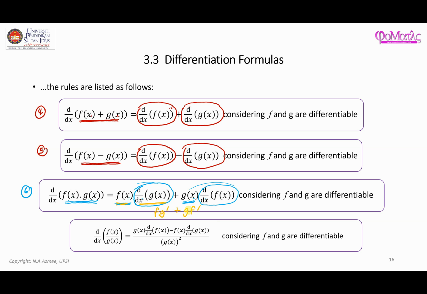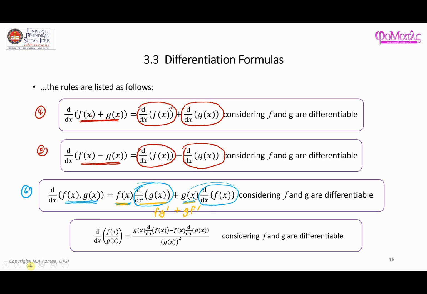And similarly for this one, g here means you maintain the function g of x as it is, and f prime means you have to find the derivative for function f of x. And once you've got that, you just add the results together. Okay, so this notation here is a bit simpler compared to this one, and it is up to you to choose which one you are comfortable with.